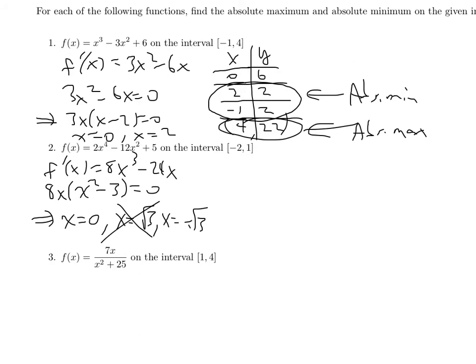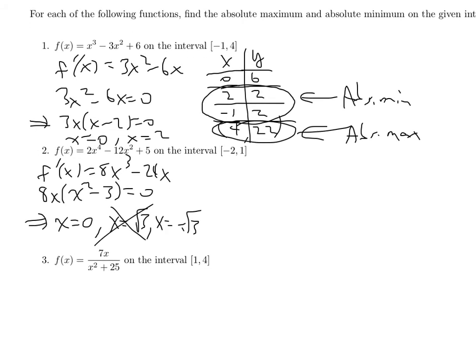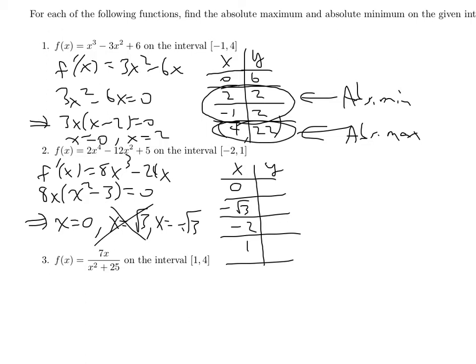So again, I have now some x values. x could be 0, x could be negative square root of 3, or x could be negative 2, or x could be 1. Those last 2 points again are coming from the endpoints of my interval. And for each one of those, I'm going to calculate the y-coordinate. When x is 0, y is 5.